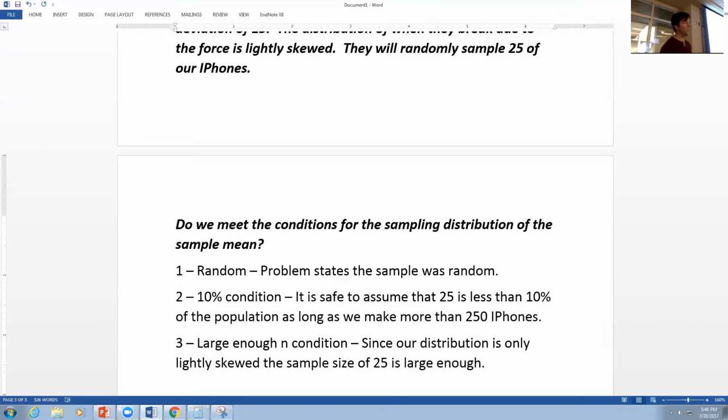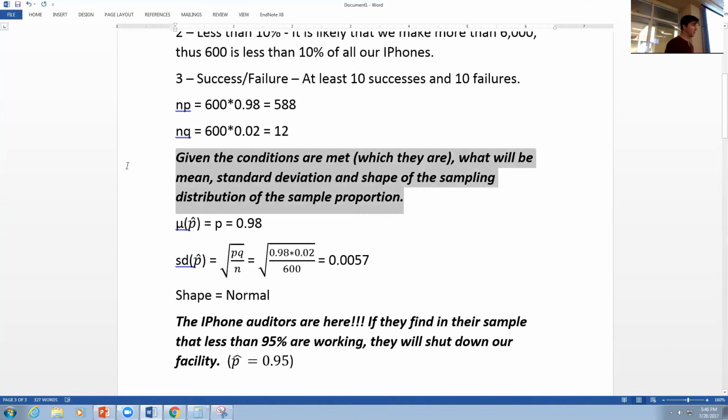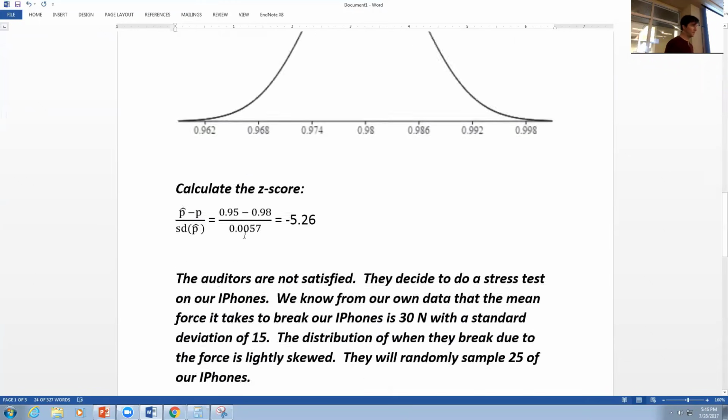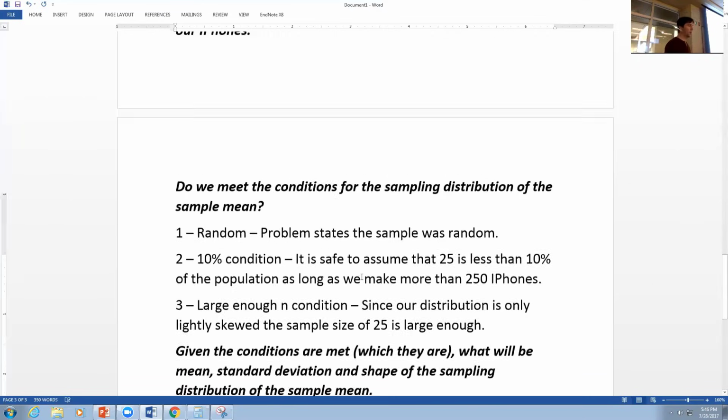And we've also seen some key concepts here because the next question I'm going to ask, I think like everyone's doing all right. The next question being here would be, what is the, I keep hitting the wrong button. Let's just do this. Let's go up here. We have it all nice and perfect. Given the conditions are met, which they are, what will be the mean, standard deviation, and the shape of the sampling distribution of the sample mean?